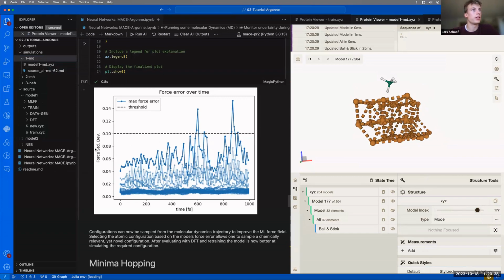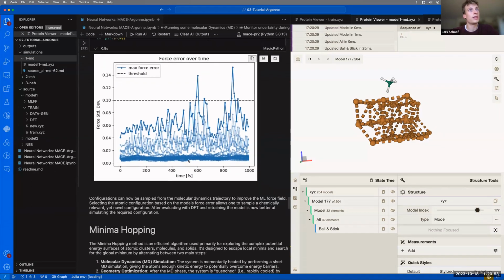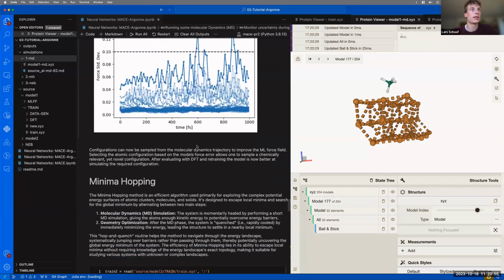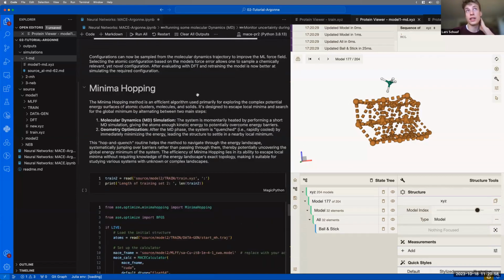If we set a very low, quite a conservative threshold, then we could maybe say, okay, we want to sample a configuration here at around 550 time step, and add that into the training set after evaluating it with DFT, and so improve our model, like I mentioned in the presentation.